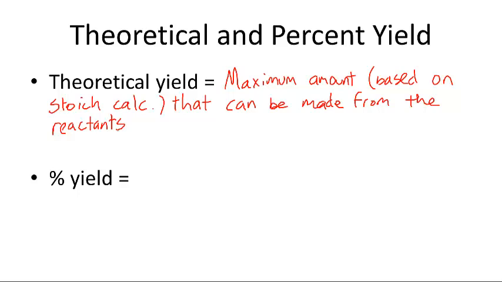Okay. So theoretical yield is the maximum amount that you can make. The percent yield would be what percentage of that did you actually make.